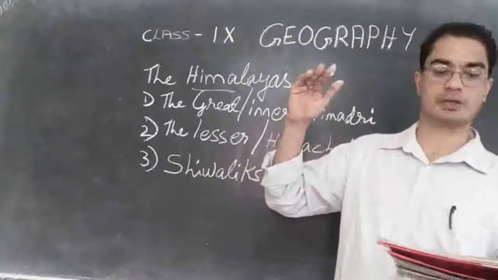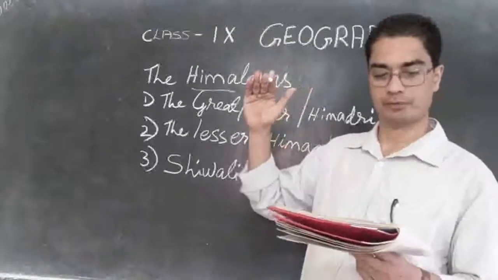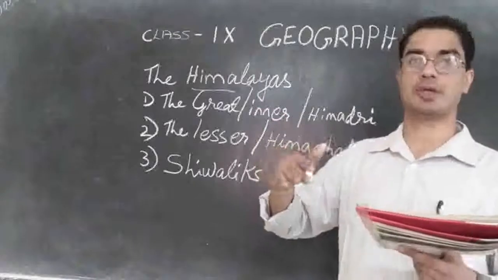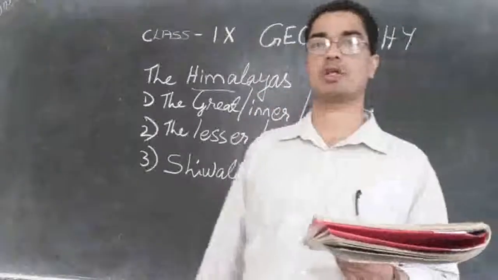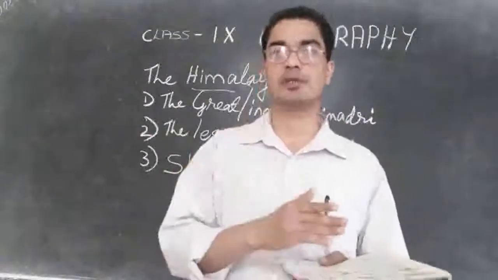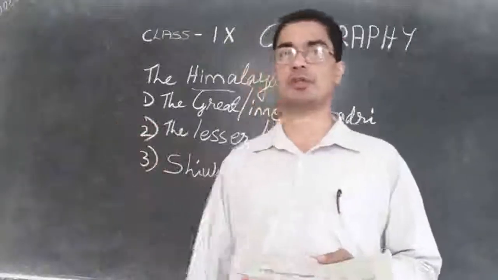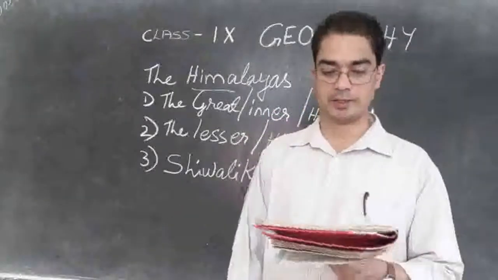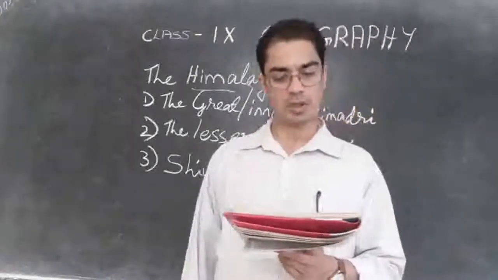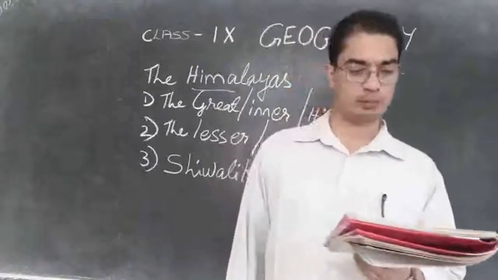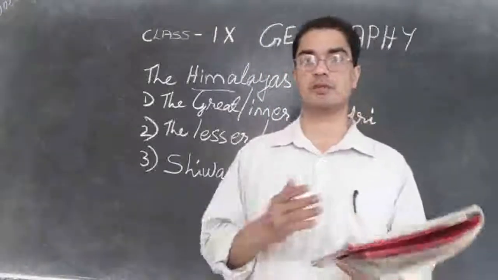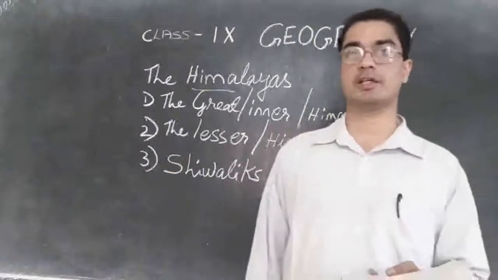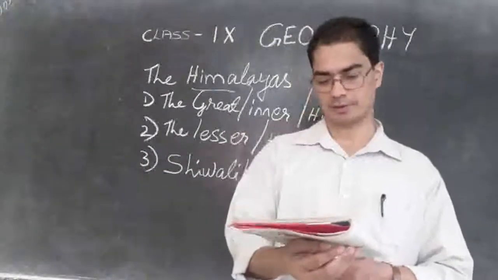So it is between 3,700 and 4,500, that is the height of the peaks. And the width is 50 kilometers. The width of this middle range, the Lesser Himalaya, is 50 kilometers.